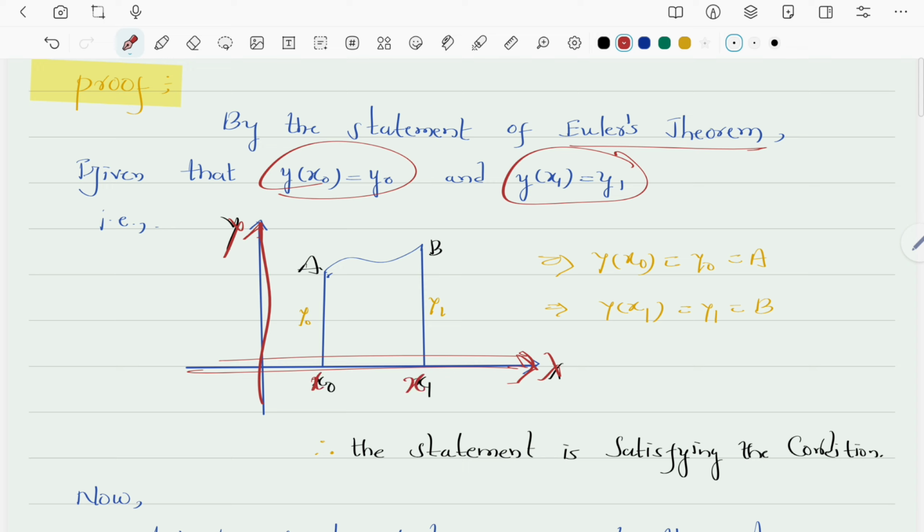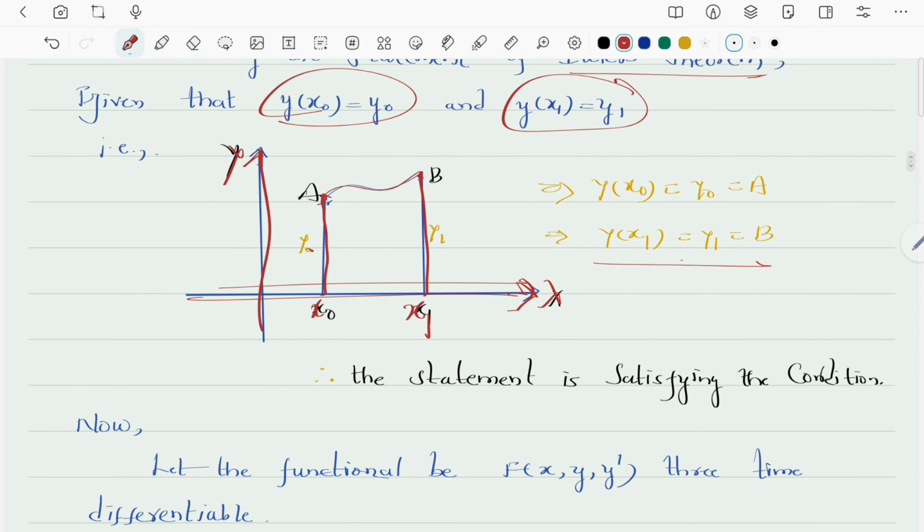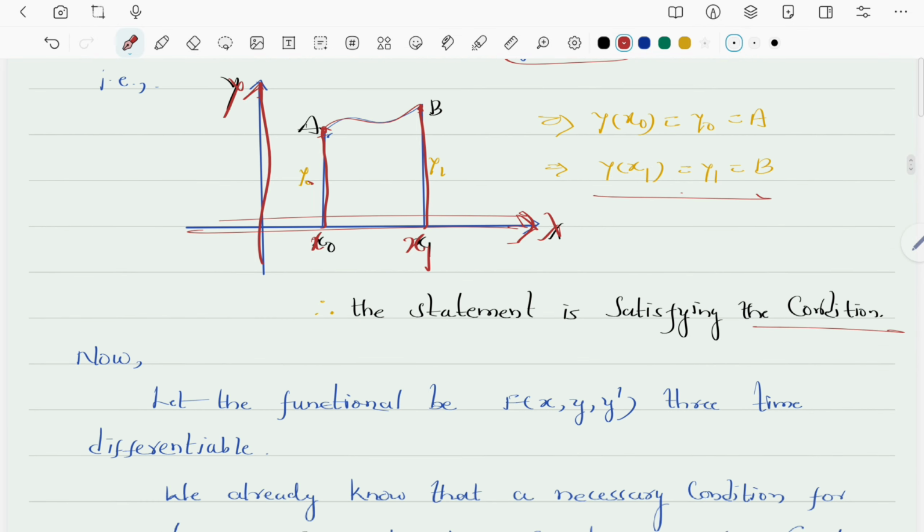The point x0 and the point x1. Therefore y of x naught equal to y naught is point A, and y of x1 equal to y1 is point B. Therefore the given statement is satisfying the given condition.